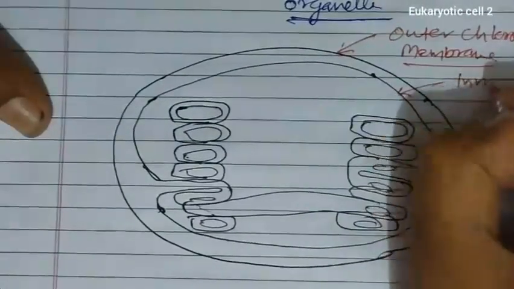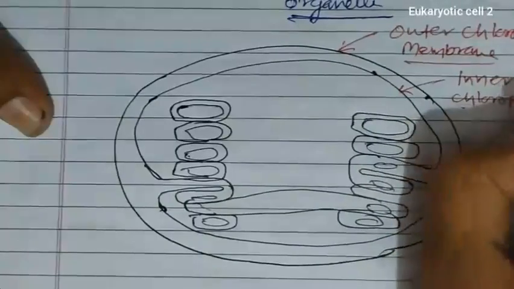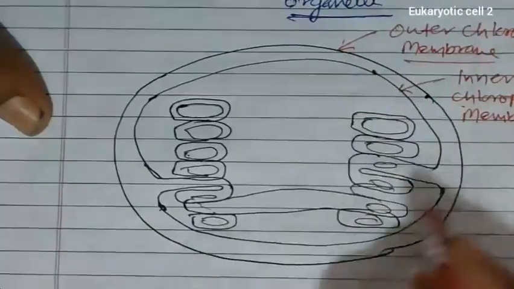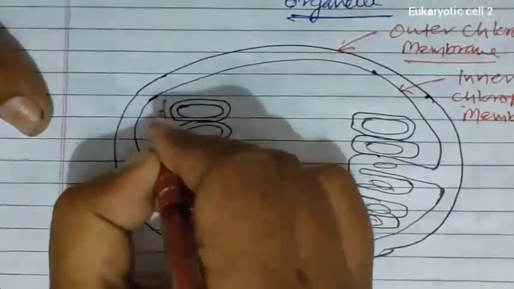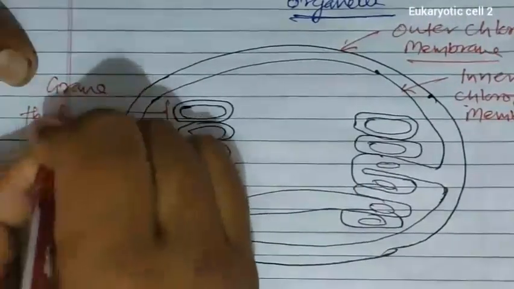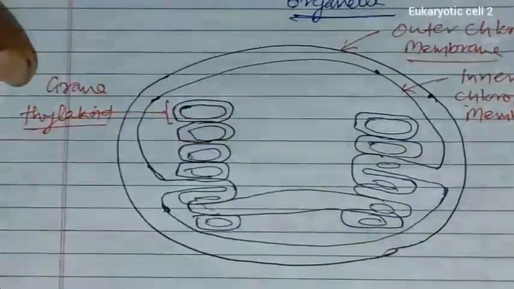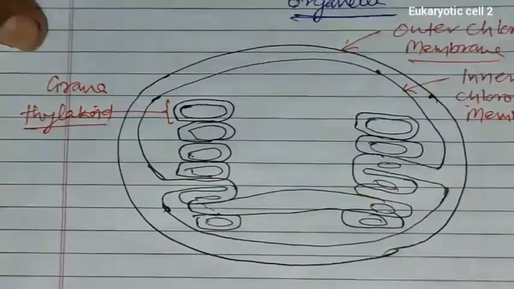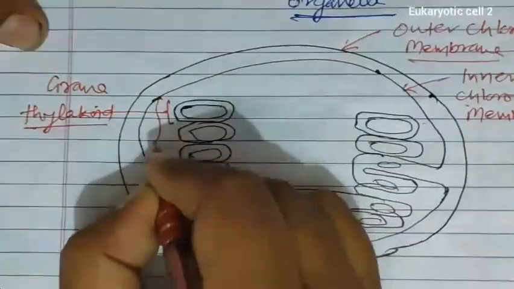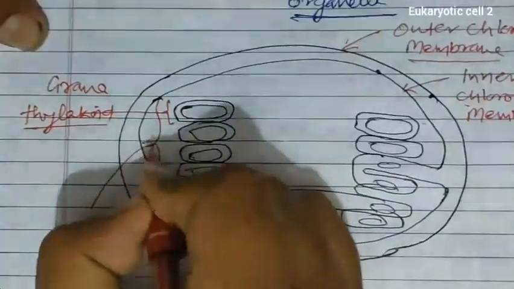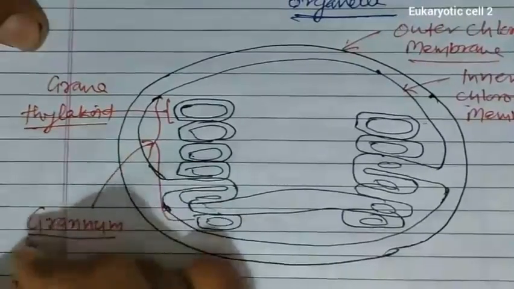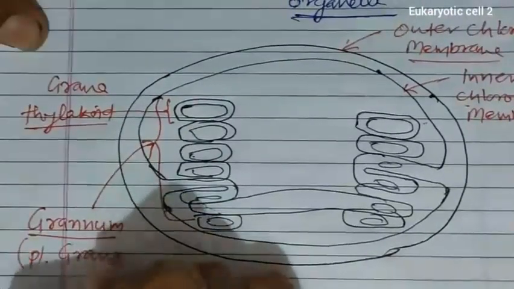This is the inner chloroplast membrane. Then these are grana thylakoid. They can be called a thylakoid only, but they can be specifically called grana thylakoid because they are present in the whole granum. So this complete stack of thylakoid is called granum, and the plural term used for that is grana.